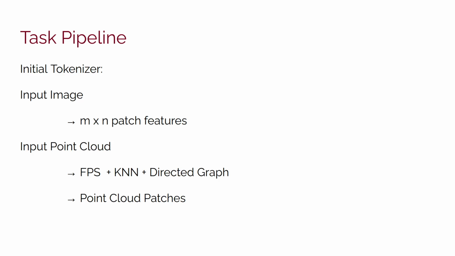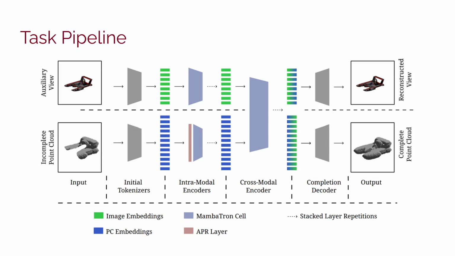Each of these patches is then turned into a directed graph for sequencing purposes. This is a well-established technique which we also decided to use, and it gives you point cloud patches as described.